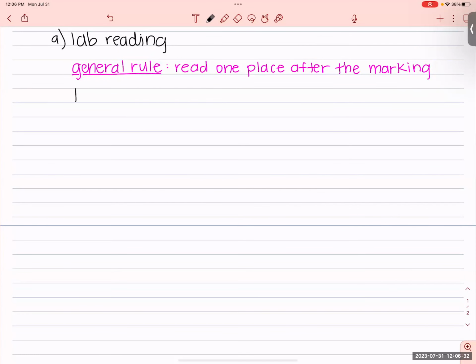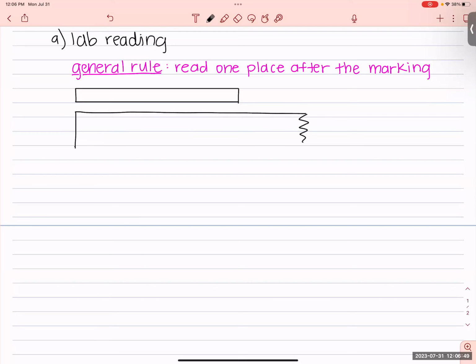So if I'm trying to read the length of this bar, and let's say I have a ruler, say my ruler starts here, and then it cuts off over here. So this is my ruler, and the markings are at 1, 2, 3, 4, 5.